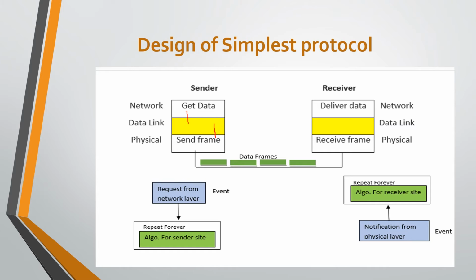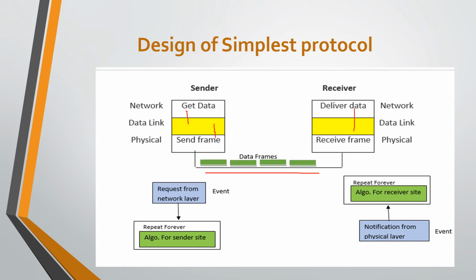Then it sends the frames one after another over the transmission media. When the receiver receives the frame, the receiver's data link layer receives data from its physical layer, extracts the data from the frame by removing the control information, and delivers that data to the network layer.